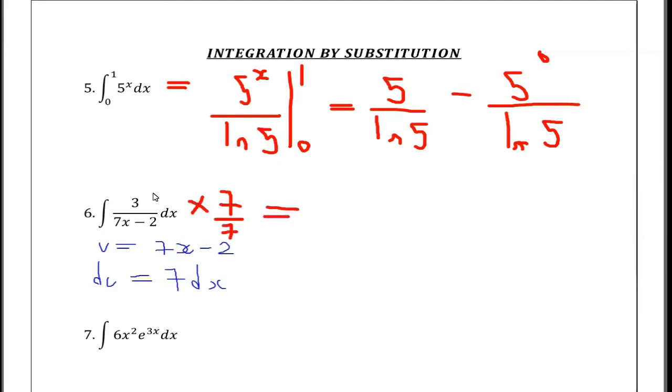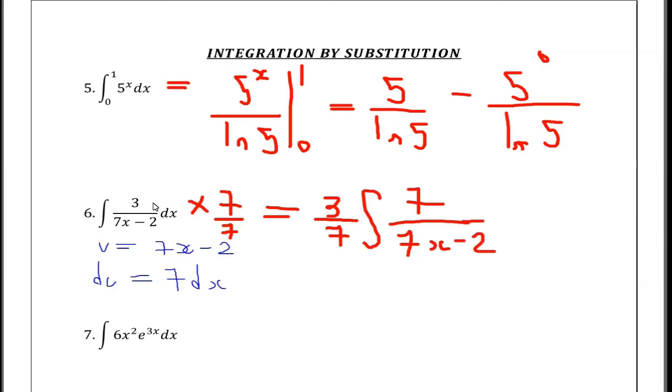Then I can factor out the 3 and a 7, and I get 3 over 7 times the integral of 7 over 7x minus 2 dx.